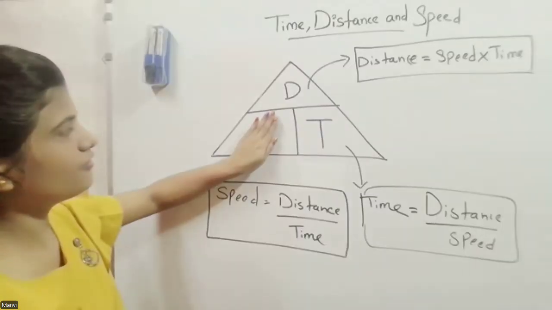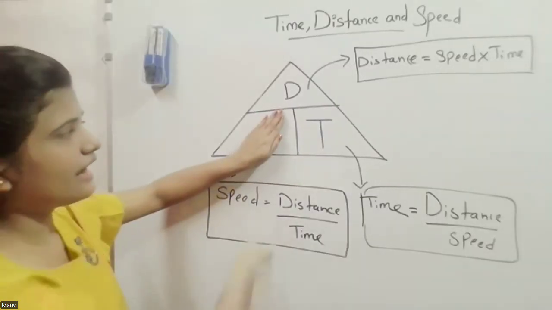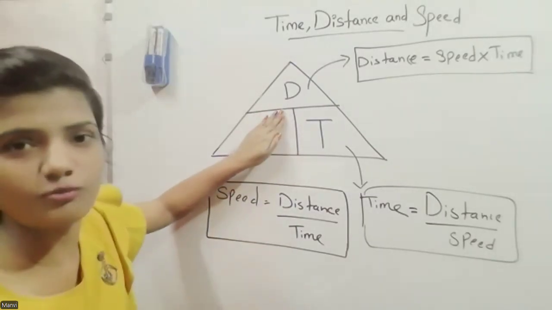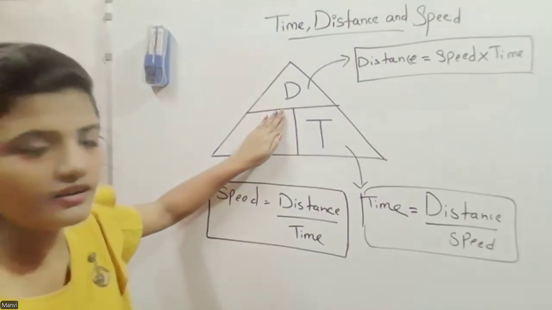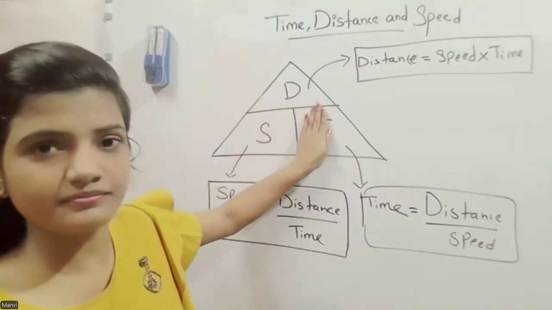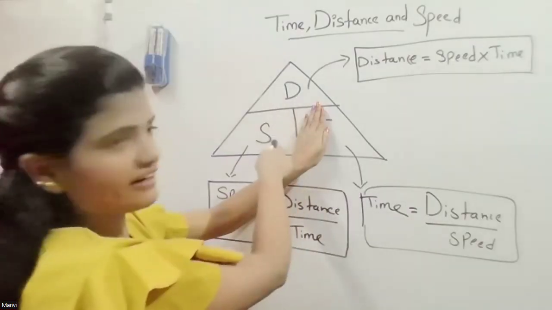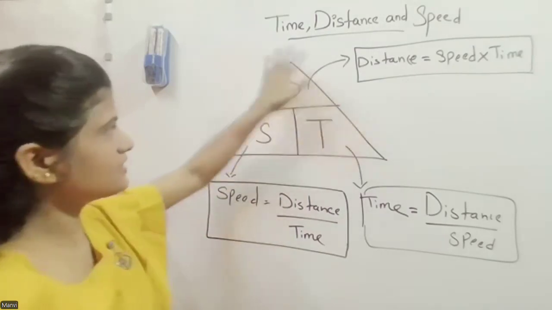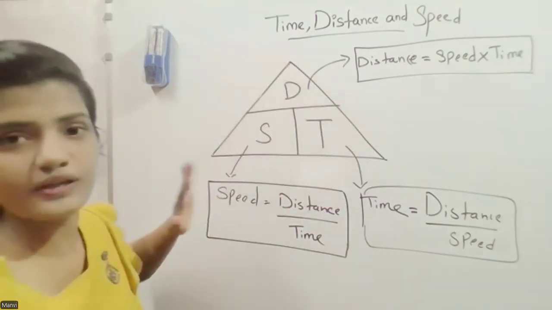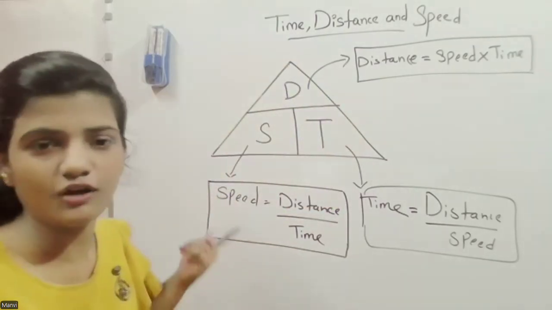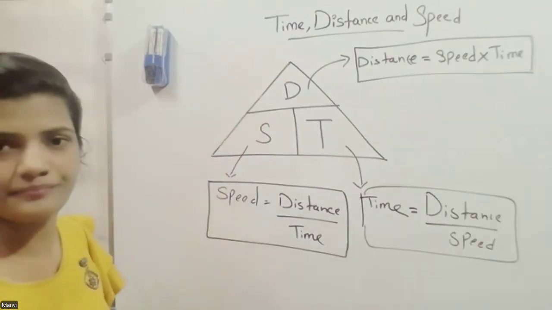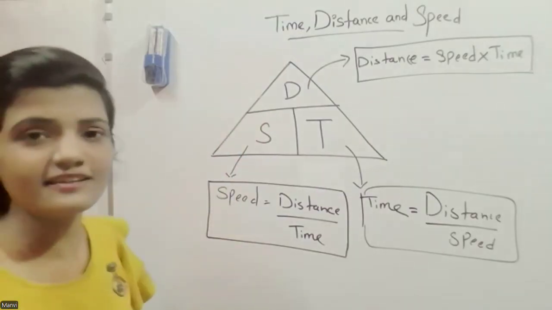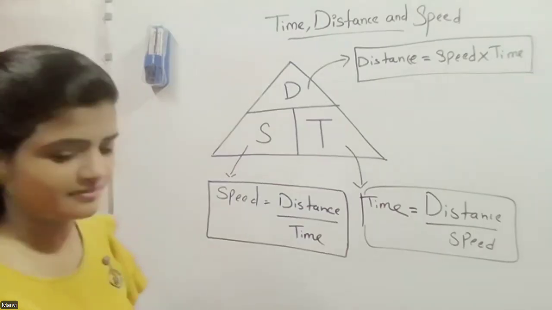Whatever we need to find out, we just hide that, and whatever remains is the formula. What is time? Time is distance divided by speed. So by using this triangular formula, you can easily remember these three formulas: distance, speed, and time. Is it easy?